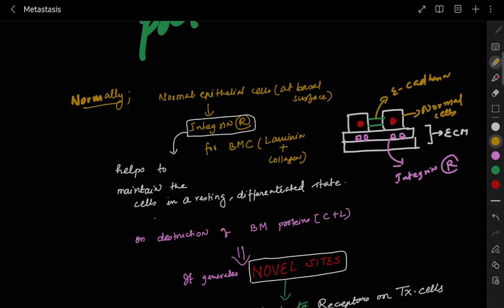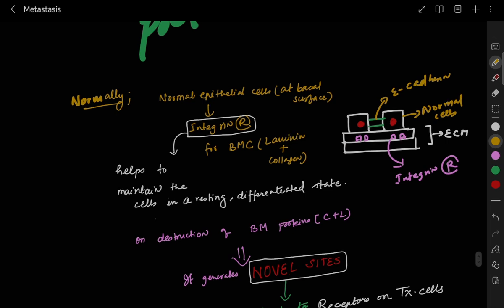You can see these normal cells connected together with E-cadherin, and in the extracellular matrix I have drawn an integrin receptor. At the basal surface of normal epithelial cells you will see an integrin receptor. What is this integrin receptor for? It's for laminin and collagen. So this integrin receptor binds with the laminin and collagen, right?